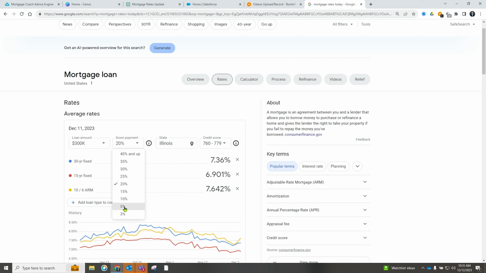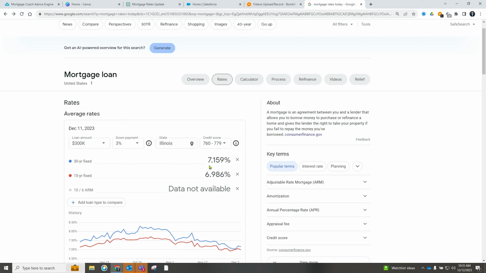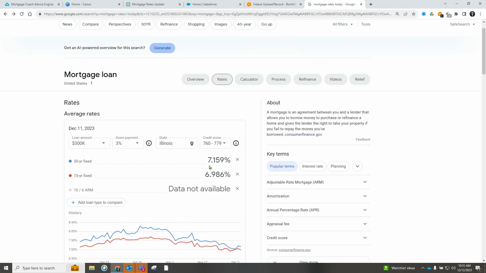This is my tip for you: look at an online search engine like this and put your actual specifics in. This could give you a very good indication of where your interest rate's going to be, because it's aggregating all this different information across the internet and then putting it on their website, right?